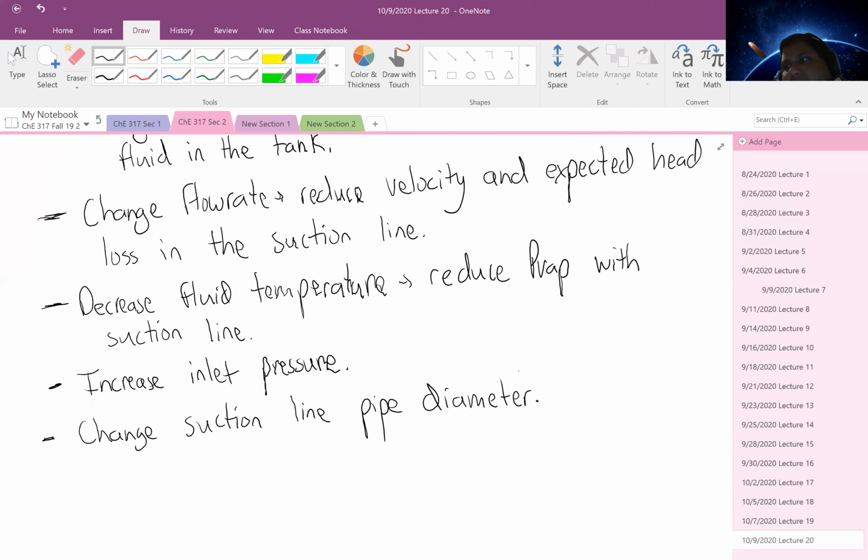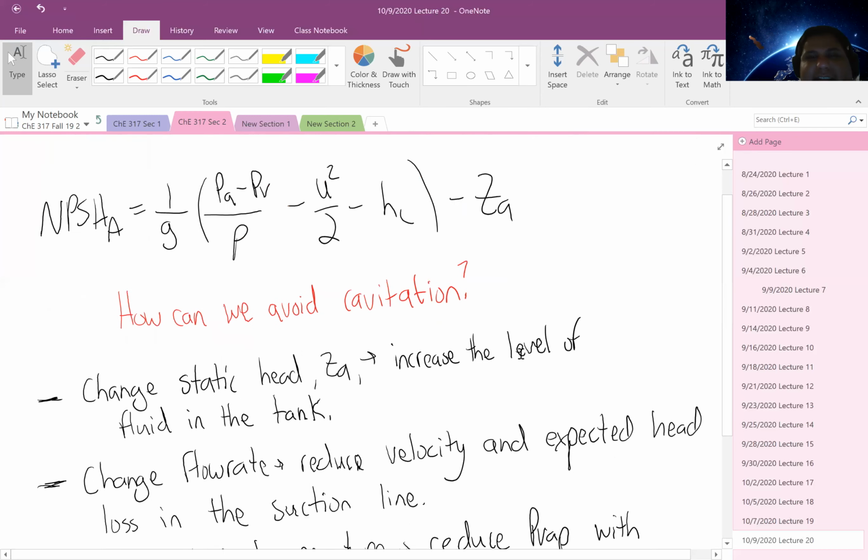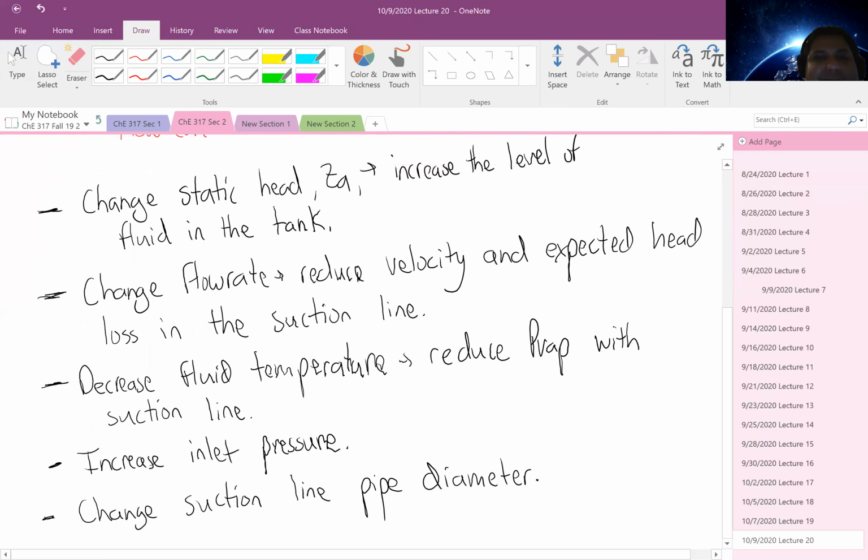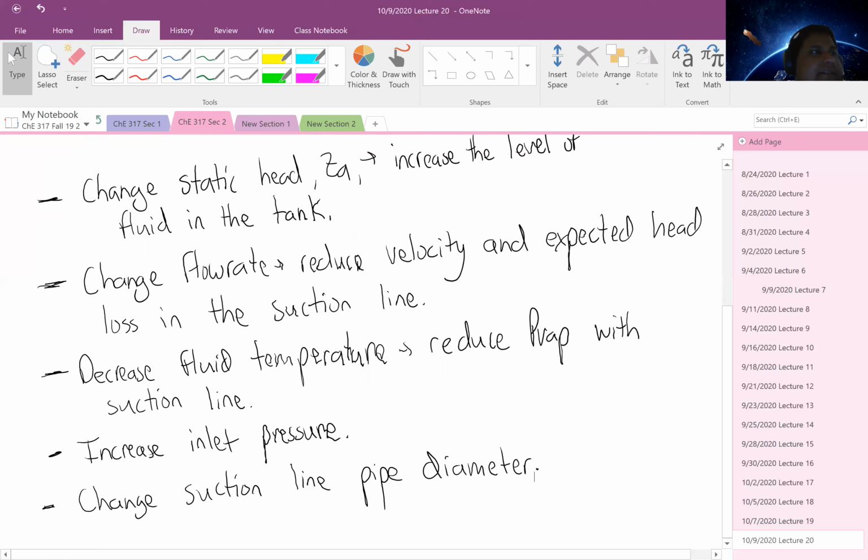You can keep your flow rate constant. However, sometimes it's easier said than done. Changing pipe diameter means changing capital. So there's quite a few ways that we can tweak a fluid system to ensure that we don't have issues associated with cavitation.